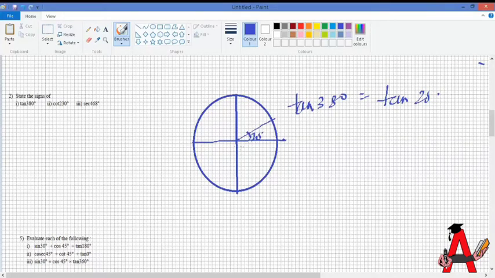Tan 20 is in which quadrant? It will be in the first quadrant. In the first quadrant, both sine and cos are positive. Since sine theta and cos theta are positive, therefore tan will also be positive. That's how we do it. You can take up many examples at home. Let's move on and do a few more questions.